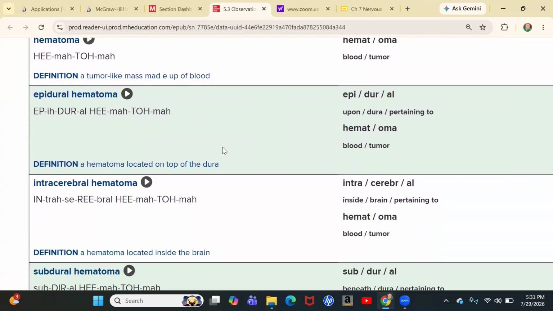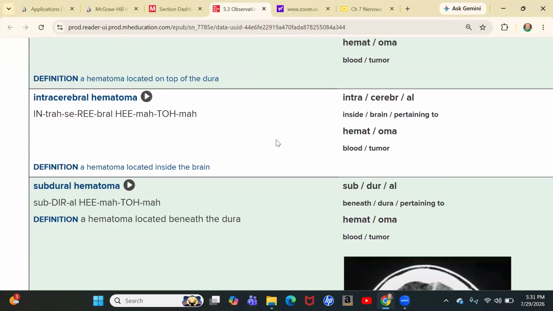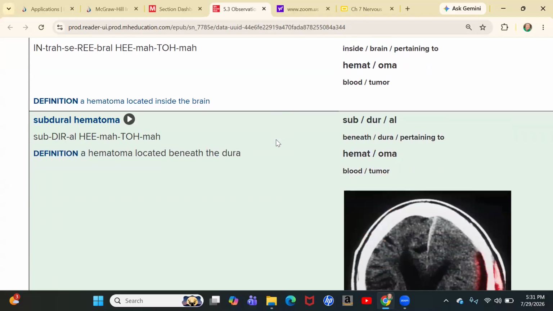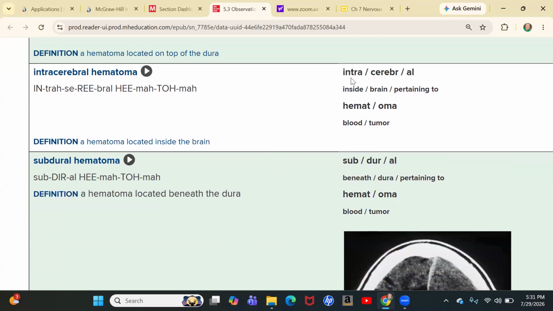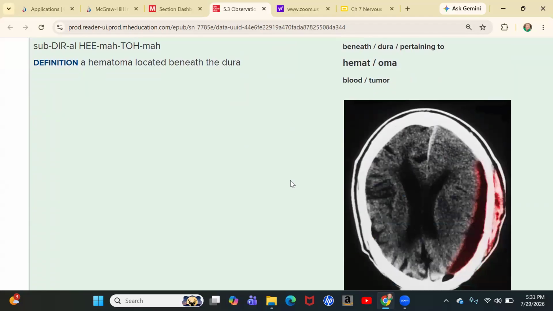An epidural hematoma, okay. This is a swelling, a hematoma located in one of the layers of the dura. Intracerebral hematoma. Okay, this is again one of the wonderful things we love about medical terminology. It tells you right where it is. Okay, inside the brain, right? Below the dura, subdural hematoma.